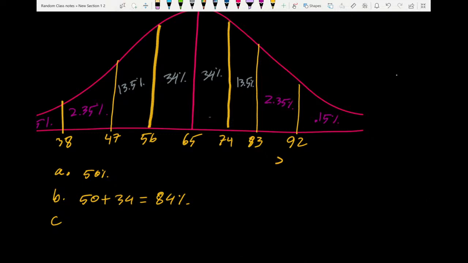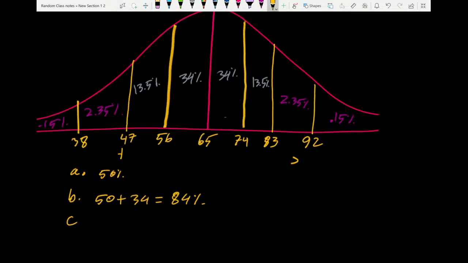What percent of people scored below 47? Oh, that's easy, 2.5%. What percent of the students scored between 65 and 74?